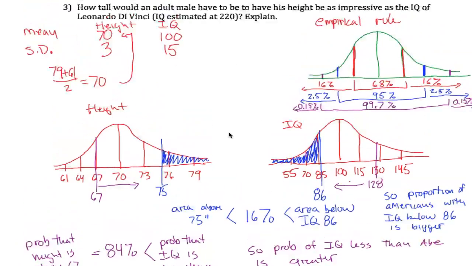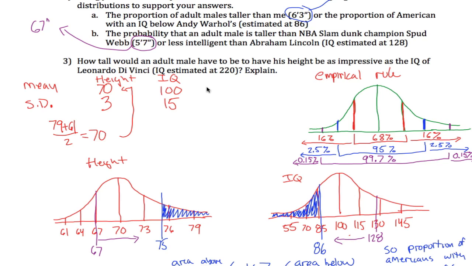To try to put that into context, if the standard deviation for height is 3 inches, we'd need to go 8 of these above 70.